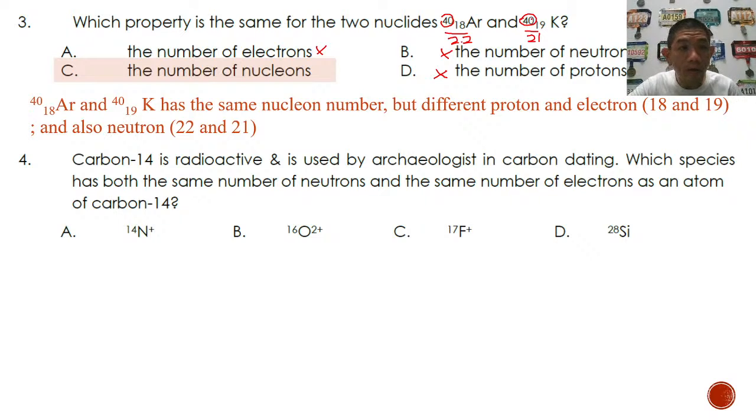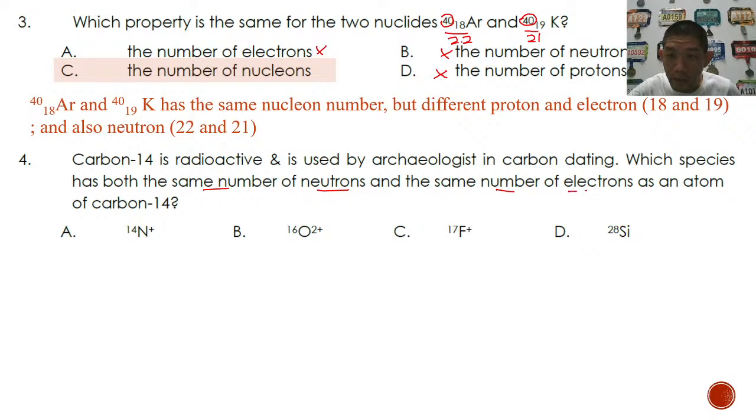Whereas for number 4, carbon-14 is radioactive and is used by archaeologists in carbon dating. Which species has the same number of neutrons and the same number of electrons as the carbon-14 atom? So we want the same number of neutrons and the same number of electrons.